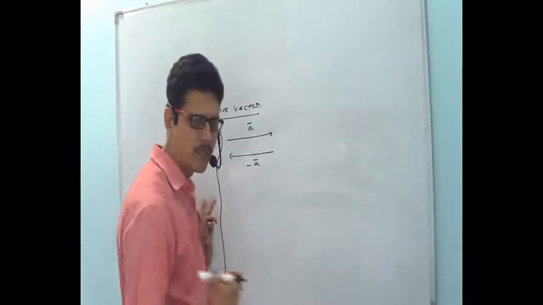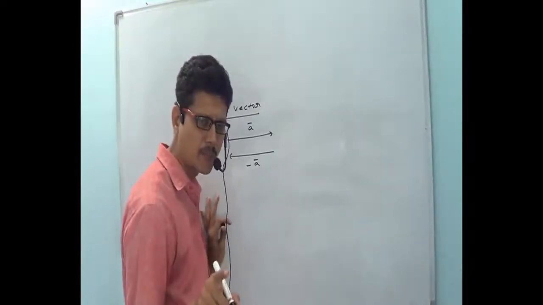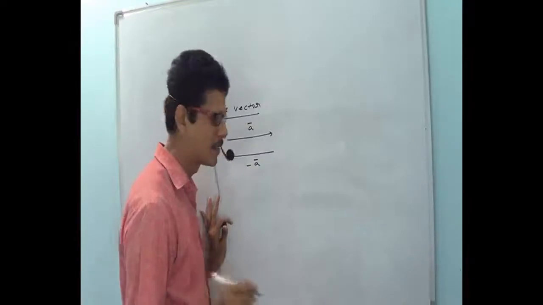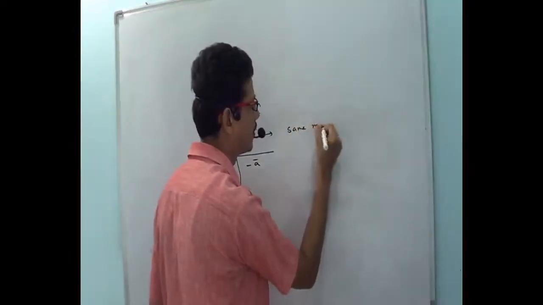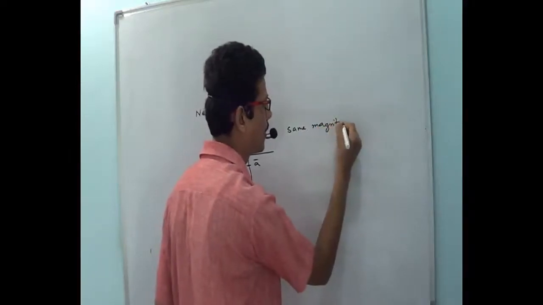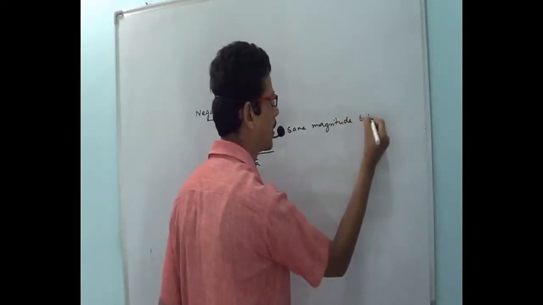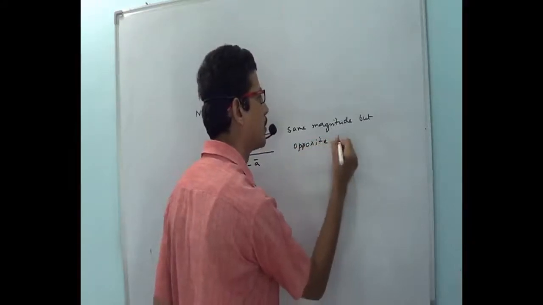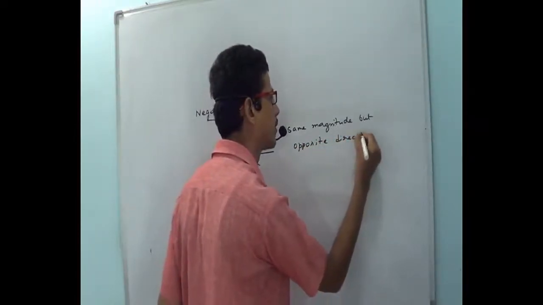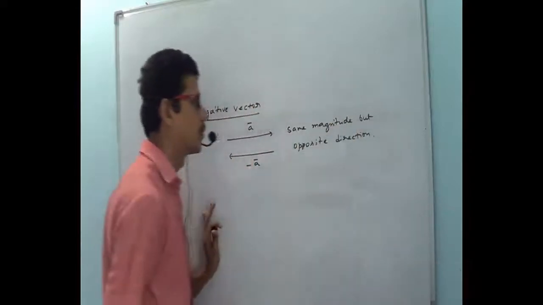So a negative vector is the one which has same magnitude but opposite direction. That is the negative vector.